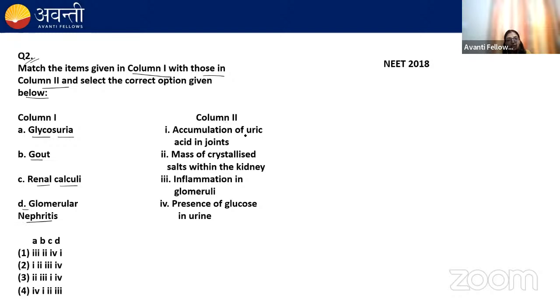Column 2 says accumulation of uric acid in joints, mass of crystallized salts within the kidney, inflammation in glomeruli, and presence of glucose in urine. You have to match column 1 with column 2. What will be the correct option for this question?